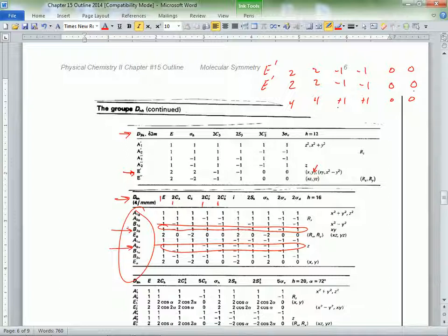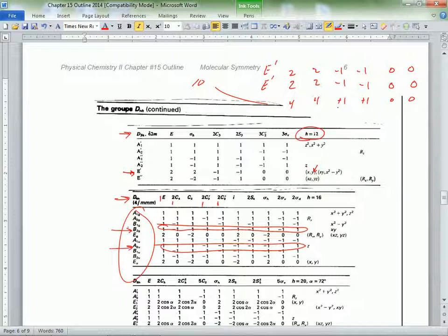So then I just spans the representation. There's a couple ways you can do this now. You can say 8, 10. It's not going to add up to be D3h. See how this sum was 12?